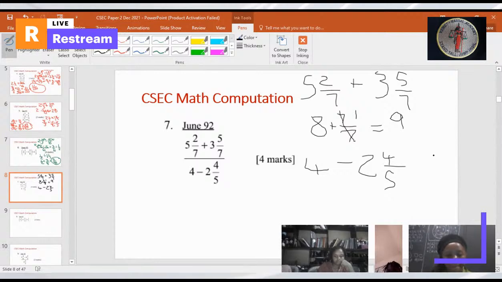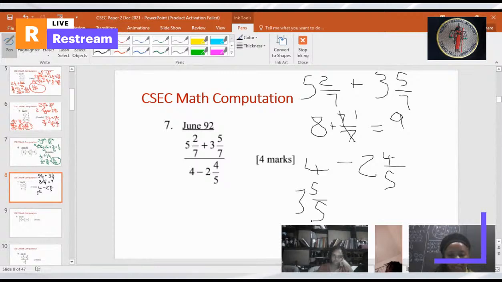Miss, I would change the 4 to 3 and 5 over 5.